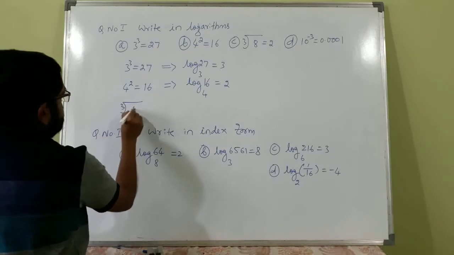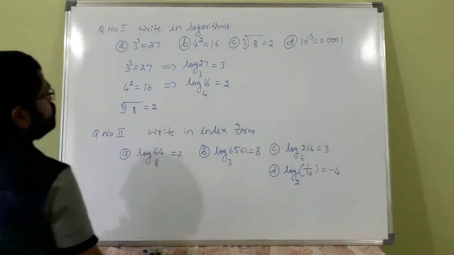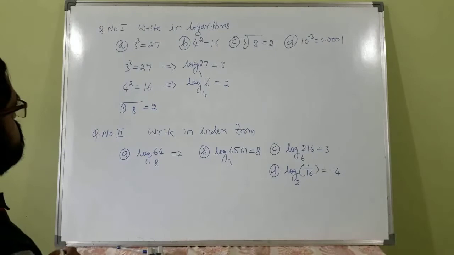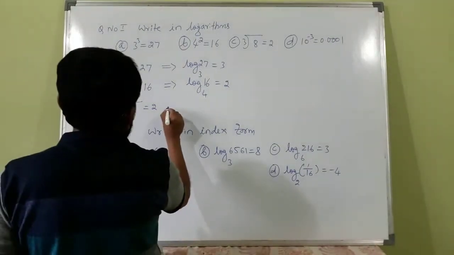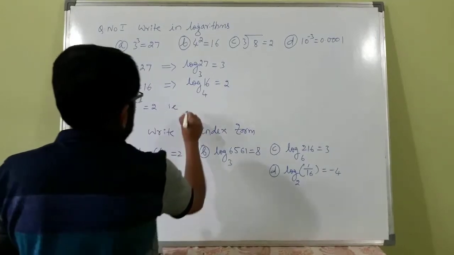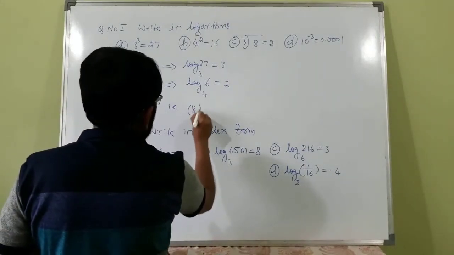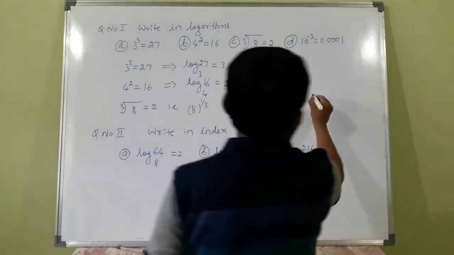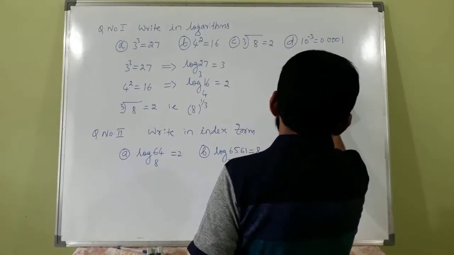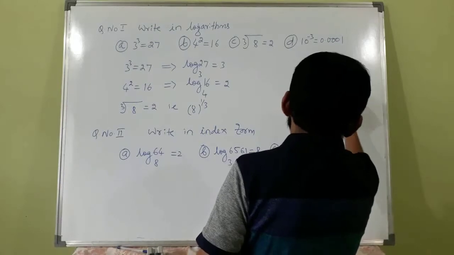Cube root of 8 is equal to 2. What is cube root of 8? That is 8 to the power 1 by 3. Yesterday you saw this: a to the power 1 by n is nth root of a.